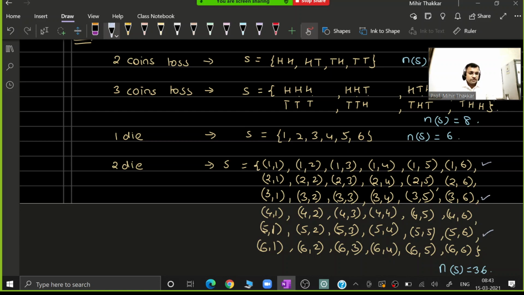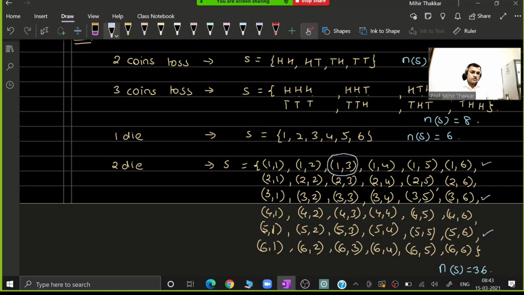So here it is 1 comma 1. Obviously 1 is not a multiple of 3. In 1 comma 2, I can again say that 2 is also not a multiple of 3. But yes, I can see this element 1 comma 3, which is satisfying the condition that the first number is odd and the second number over there is also a multiple of 3.